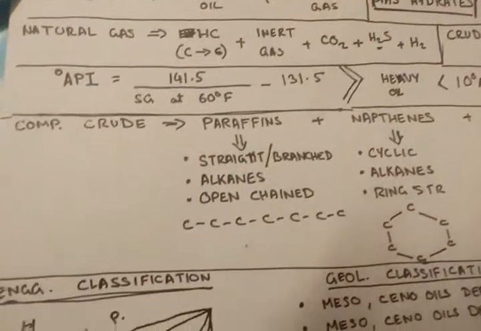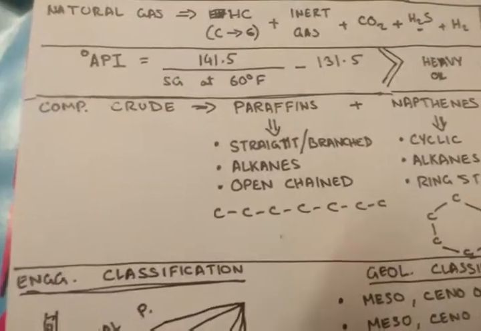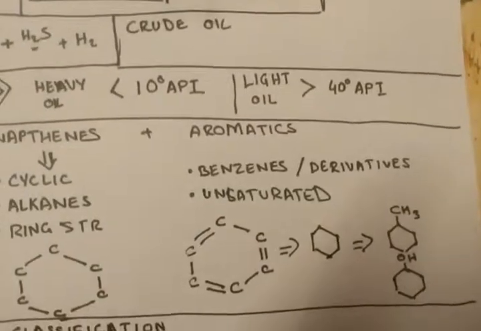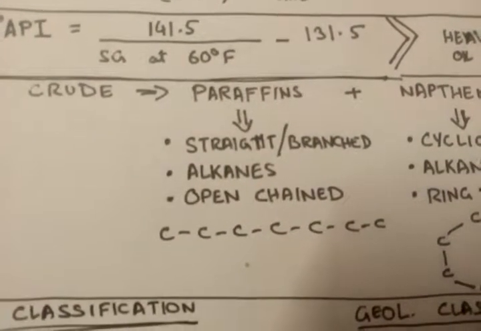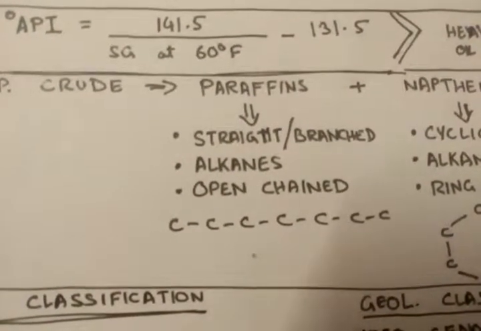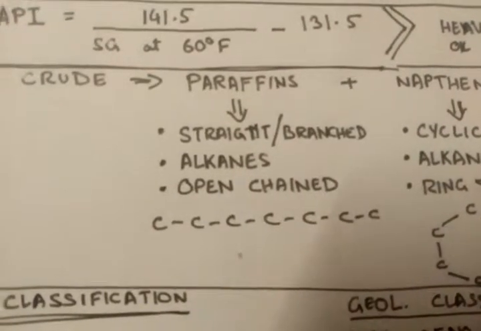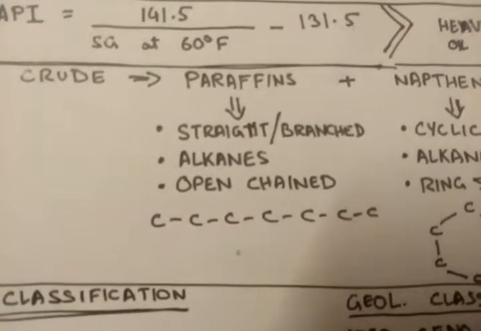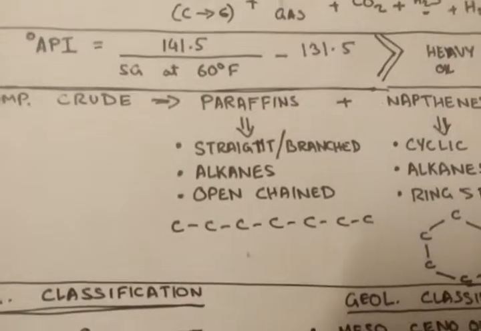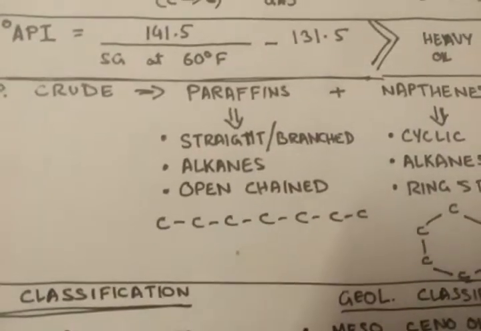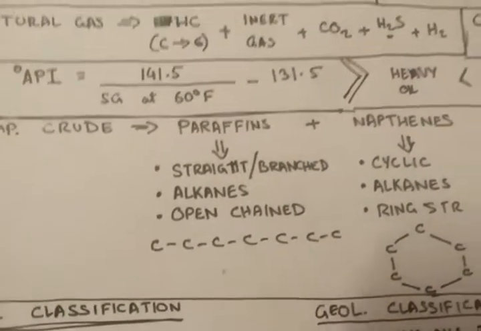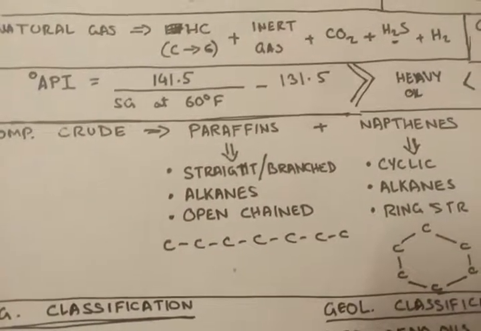Now the composition of crude oil. It has distinctly three components: paraffins, naphthenes, and aromatics. Paraffins are straight or branched alkanes of greater than six carbons. They're alkanes, so every bond is a single bond, and these are completely saturated, open-chained hydrocarbons, with linear or iso structures.